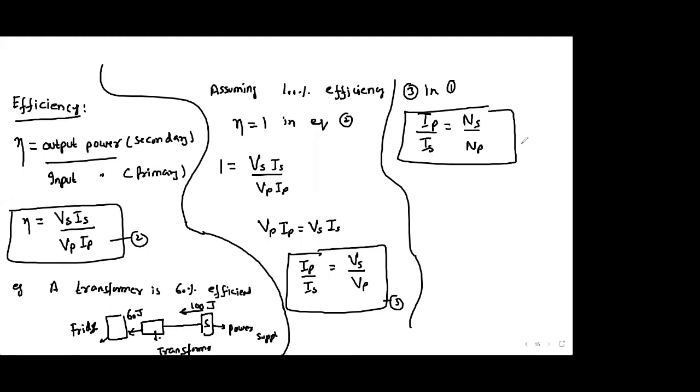Let's call this equation number 4. Just always remember that the ratio of Ns by Np is known as turn ratio. The number of turns in secondary and number of turns in primary is known as turn ratio. This is also known as transformation ratio.